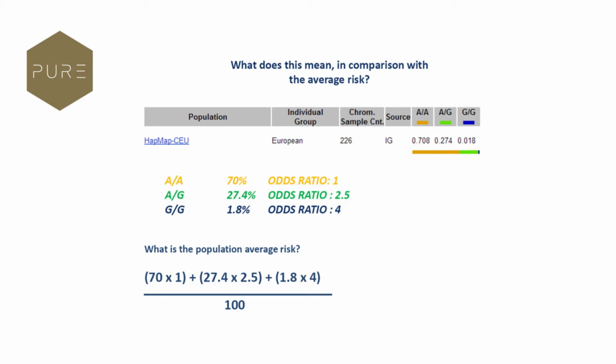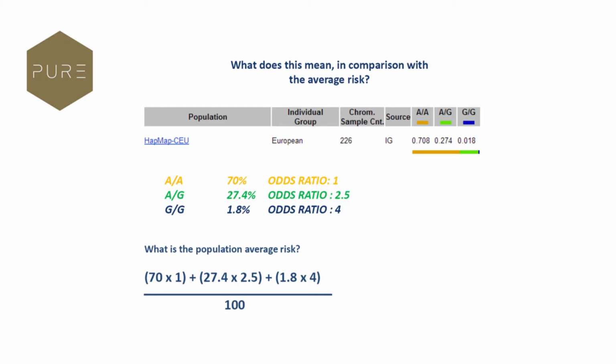So now we know AA is 70%, and we know it's the wild type, so we have an odds ratio of 1. AG is 27%, with an odds ratio of 2.5. And GG, 1.8% of the population, has an odds ratio of 4. Then we can calculate the average genetic risk in Europe, because usually when you analyze many genes, most of the people have some genetic variations.